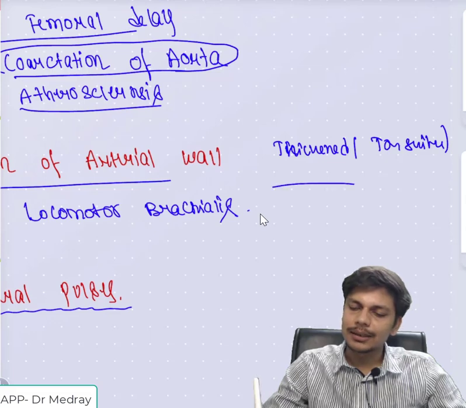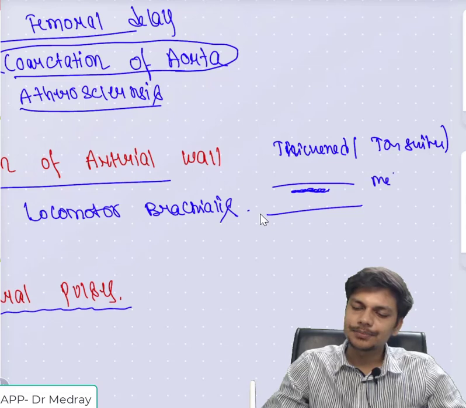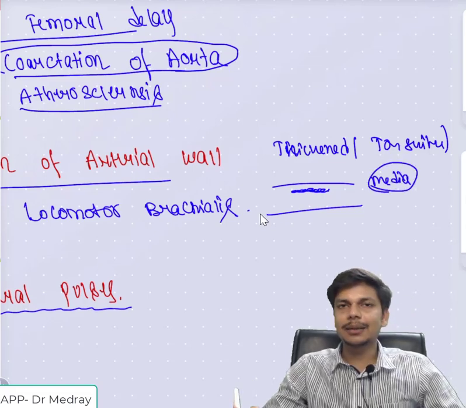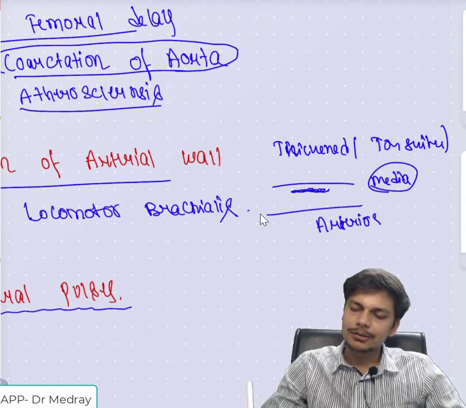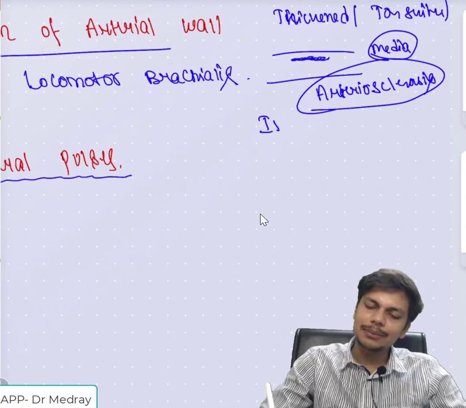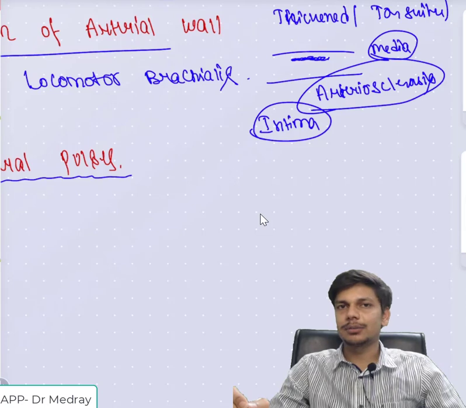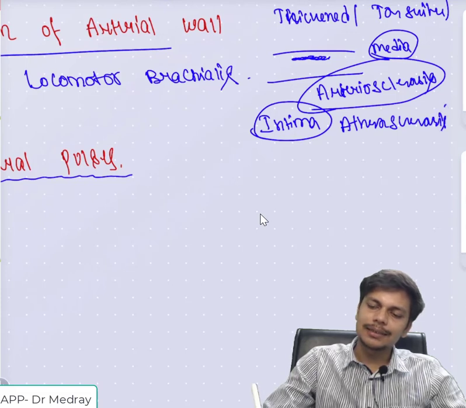Normally in all individuals, calcification of the tunica media is known as arteriosclerosis. This is normal aging. Arteriosclerosis is normal aging. But if the intima has calcified or undergone some plaque formation, this is known as atherosclerosis. So these two terms are different.